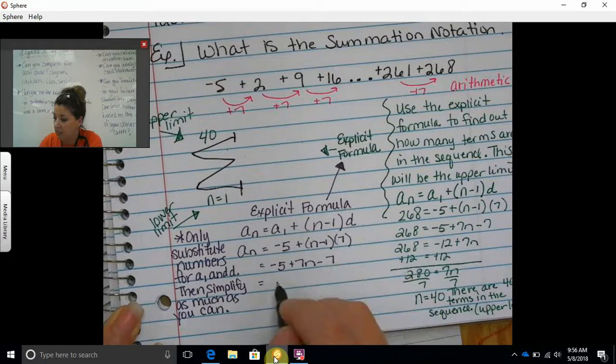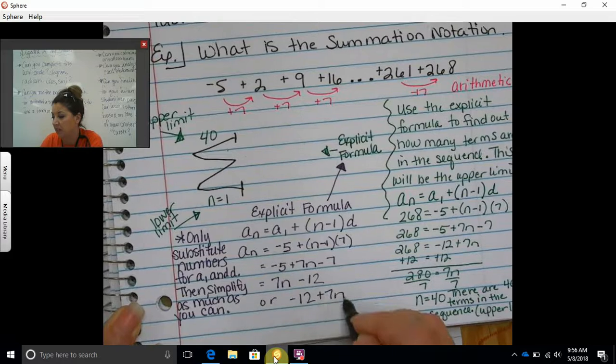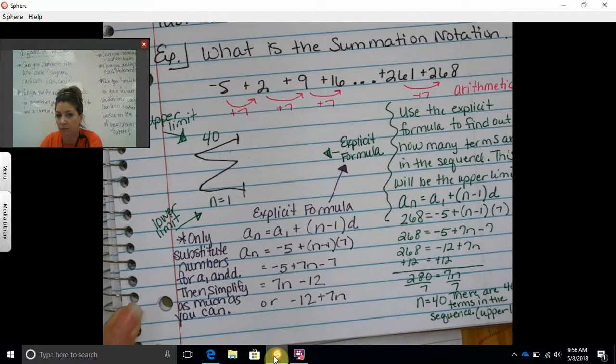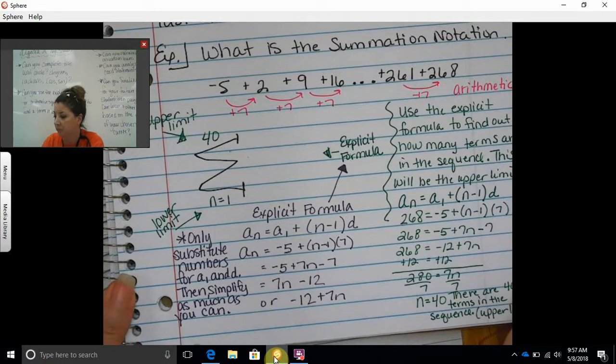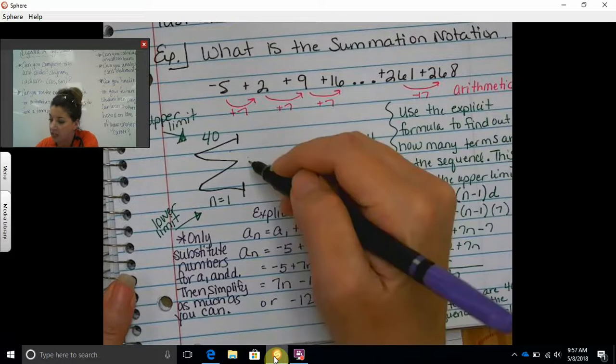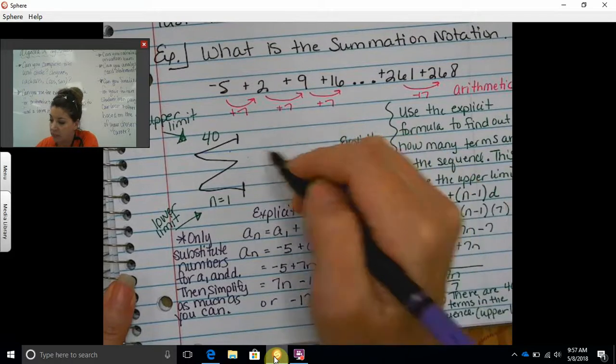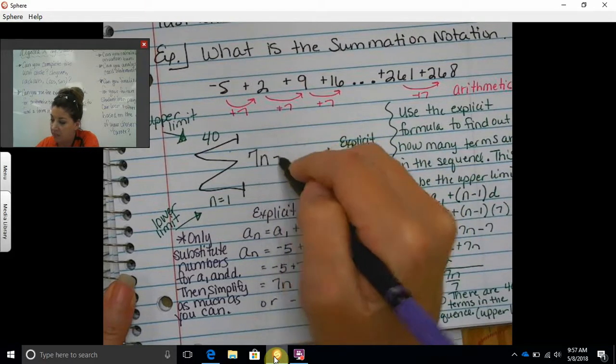And that would be 7n minus 12, or you could say negative 12 plus 7n. Either way. I can't simplify that any further, right? Unless I'm substituting in a number for n, but for the summation notation, that part you don't. You just substitute in a sub 1 and d. So right here, to the side of sigma, I'm going to put 7n minus 12.